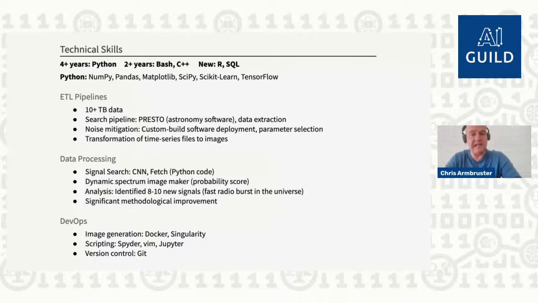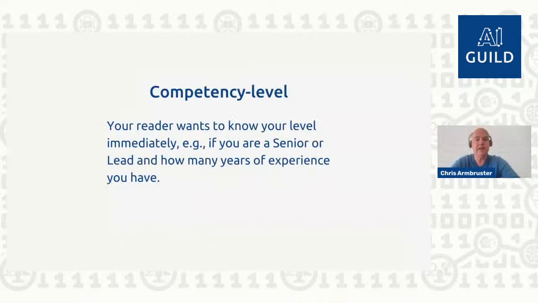And then let me highlight for you again that at the top, it says kind of like 4 years of Python, 2 years of Bash and C++, and you are R and SQL in this case. So that is then also about the competency level.